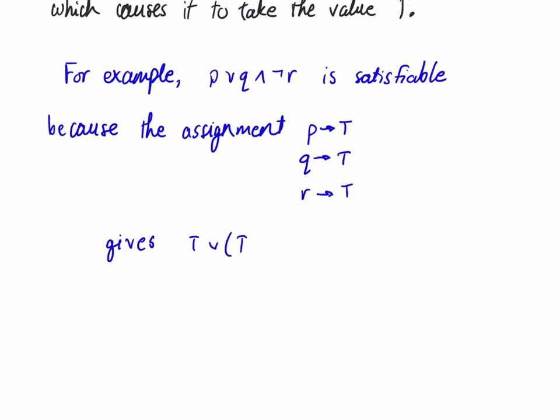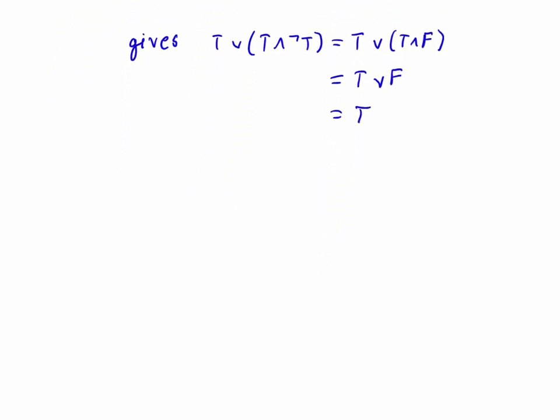I'll use parentheses here to express that we are computing the conjunction before the disjunction, and also the negation binds more tightly than anything, but since that's at the end, that didn't really need saying. With this assignment, we get true or true and false. The true and false turns into false, and the true or false turns into true. Since this assignment of truth values made the sentence true, it is satisfiable.